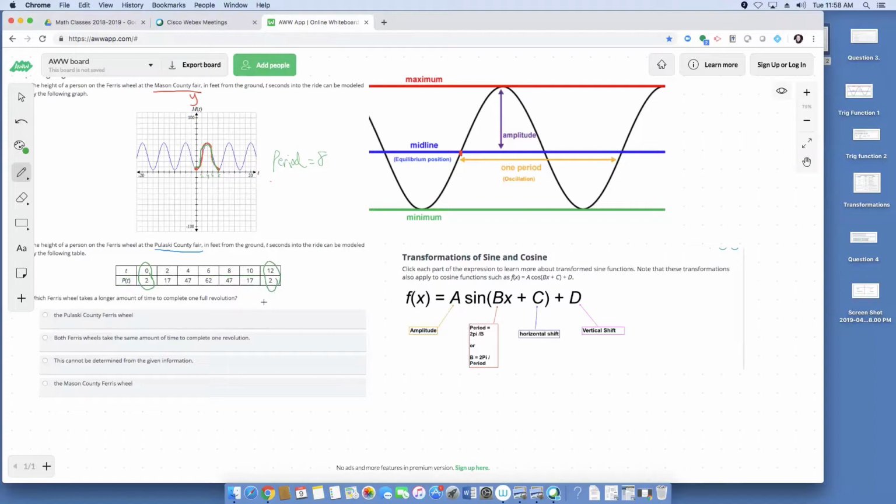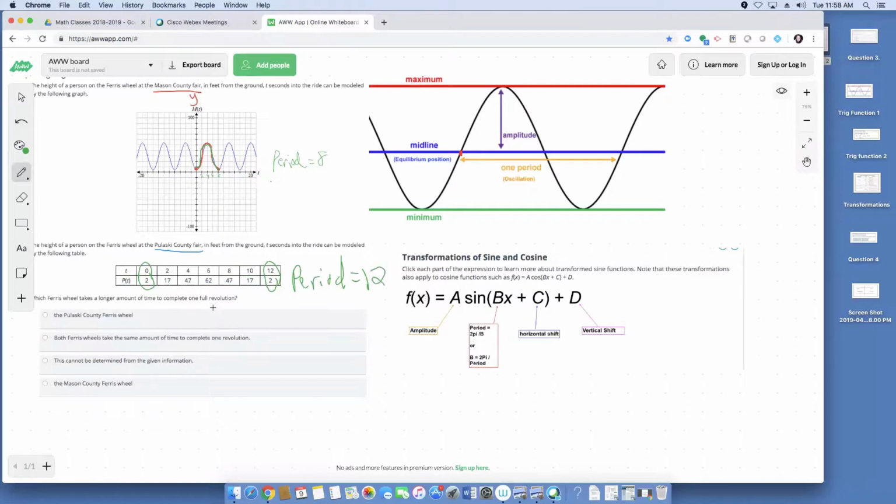So our period for this one is 2, 4, 6, 8, 10, 12. Our period is 12 here. That's how long it takes us. So don't get confused. Yes, we are looking for the repeating y value, but the answer is going to be the x, I guess. Is anybody confused on that part?